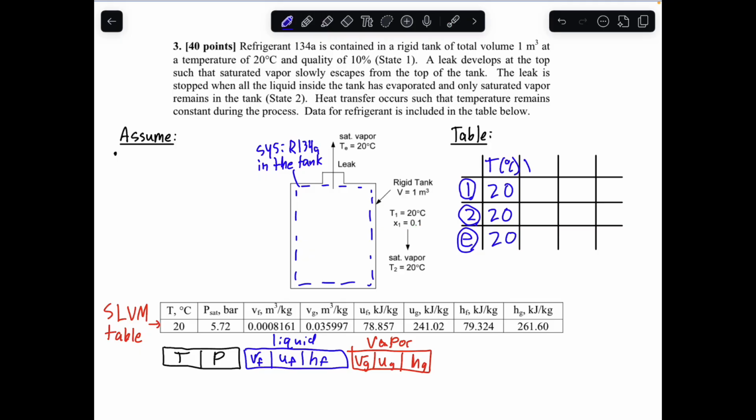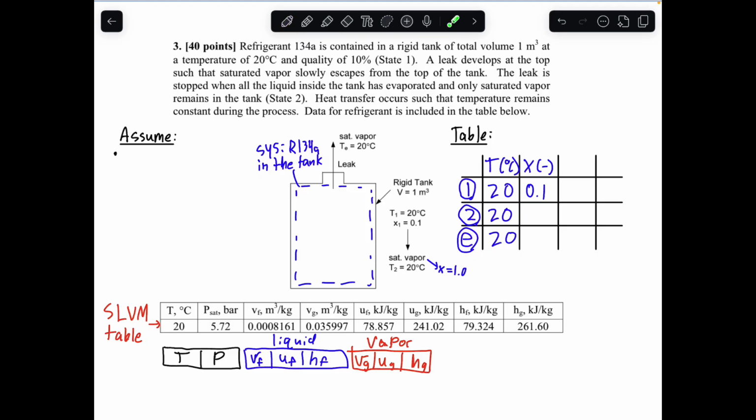They tell us that X, our quality, is going to be 0.1 at state 1, and then they don't give us explicitly an X value at state 2, but they tell us that we have saturated vapor, and we need to remember that saturated vapor means X is equal to 1.0.